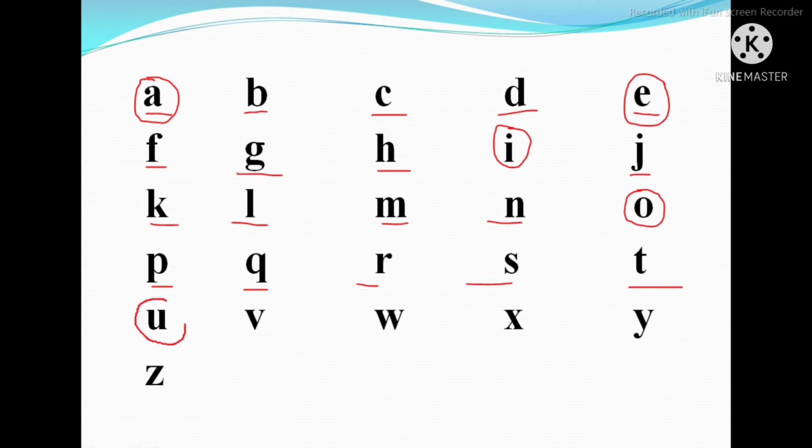Letter U is a vowel. V, W, X, Y, Z are consonants. A, E, I, O, U are vowels and the rest are consonants.